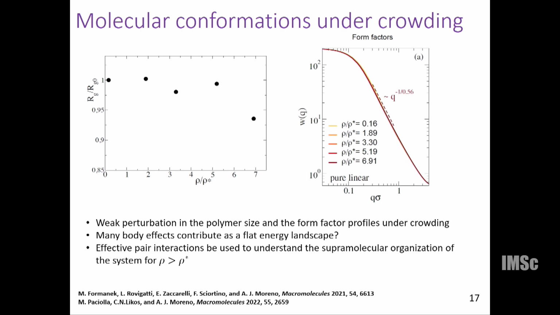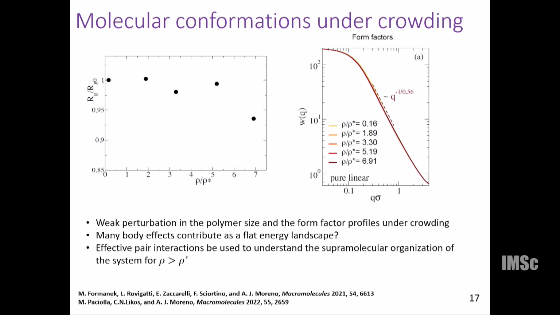So in my group, based on this result, what it is implying is that the many body effects can be neglected. Even though you are at higher concentrations, the molecular conformations are not perturbed. So you can neglect the many body effects and use simply the pair interaction potentials to describe the supramolecular organization at higher density.